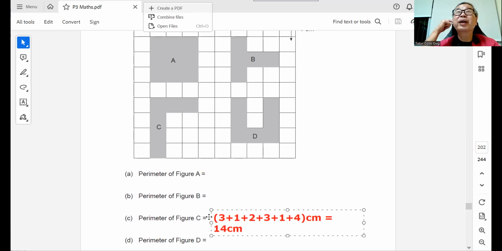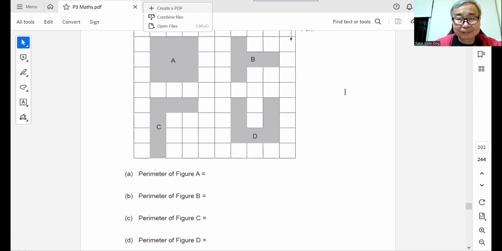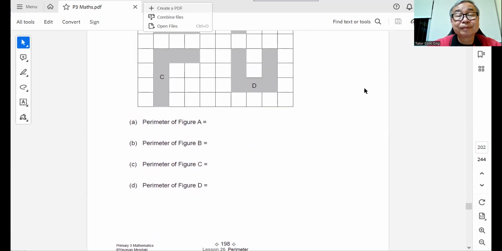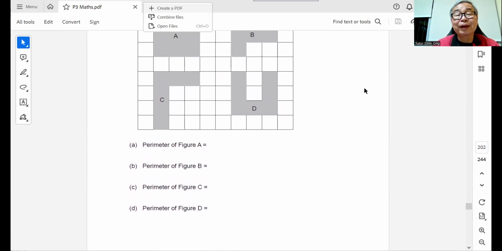Yeah. Okay. So now we're going to do D. Okay. D is a bit more difficult. I'm going to do it from the top, and I'm just going to go from top down and to the right.